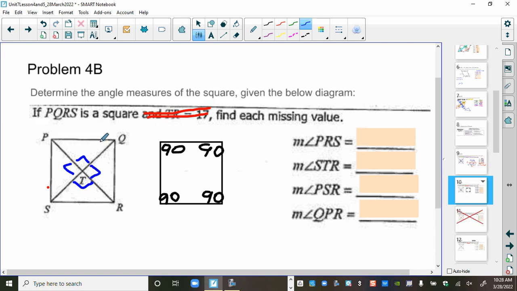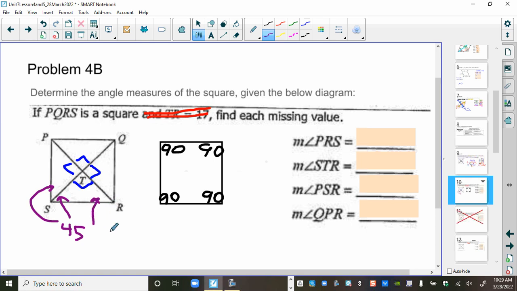But if it's one of these corners, then in all 1, 2, 3, 4, 5, 6, 7, 8 cases, if it's from here to here, then it will be how many degrees? If it's not 90, then it has to be, what's half of 90? 45. They're all going to be 45. Because remember, the diagonal bisects that right angle into exactly two equal smaller angles.